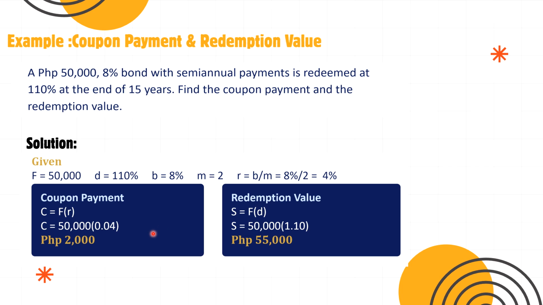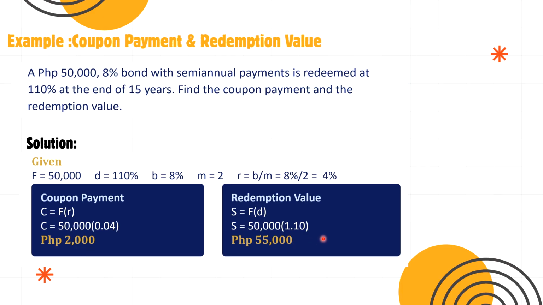Coupon payment is equal to face value multiplied by R, which is the periodic rate. So coupon payment is equal to 50,000 multiplied by 0.04 or 4%. So this would be equal to 2,000 pesos.